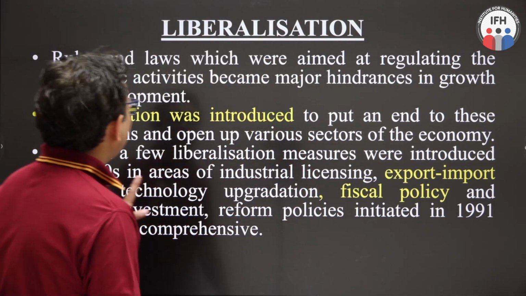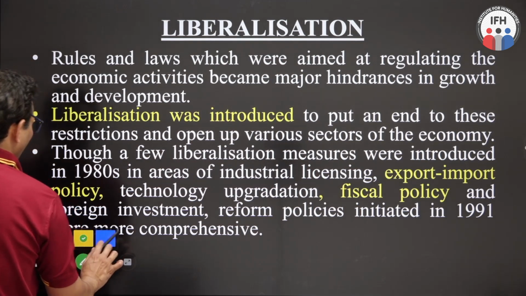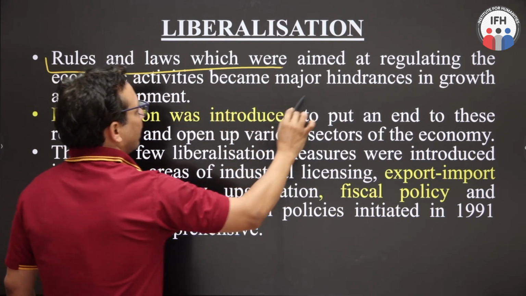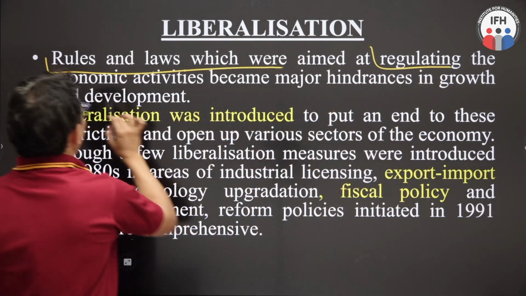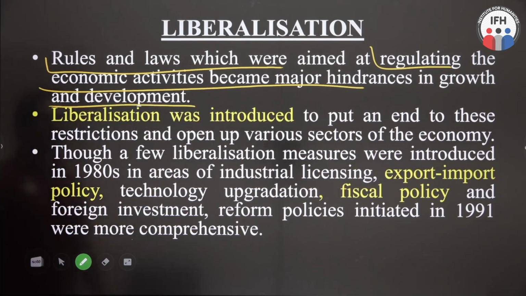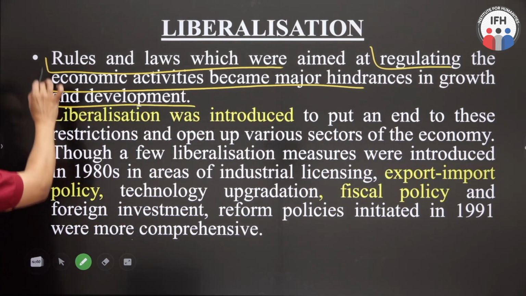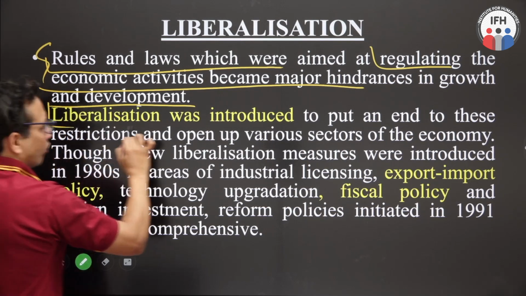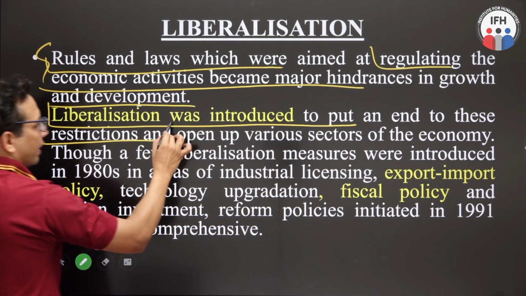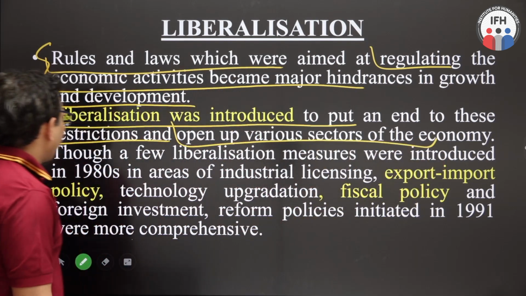Rules and laws which were aimed at regulating economic activities became major hindrances in growth and development. As we discussed earlier, liberalization was introduced to put an end to these restrictions and open up various sectors of the economy.